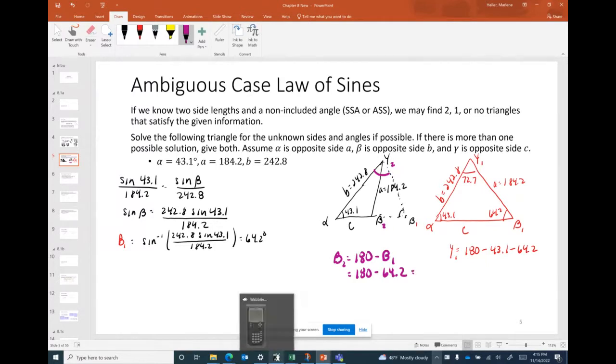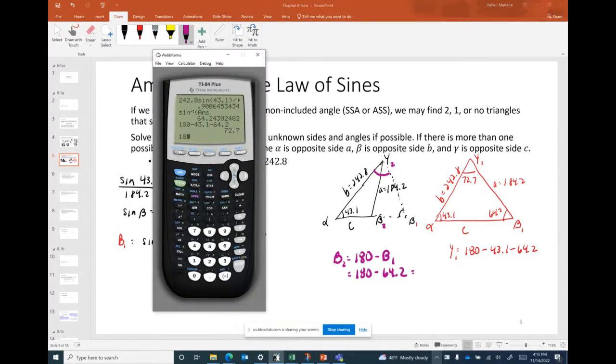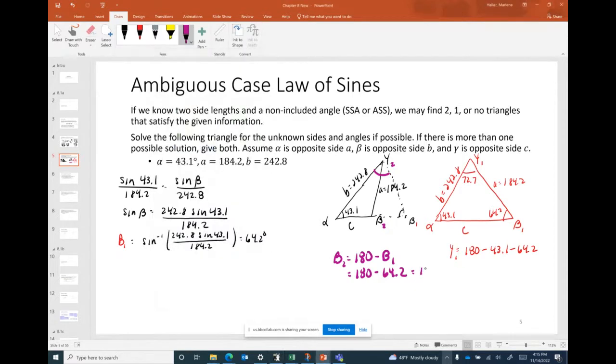So 180 minus 64.2 is 115.8. 115.8 is going to be my beta sub 2 right here.